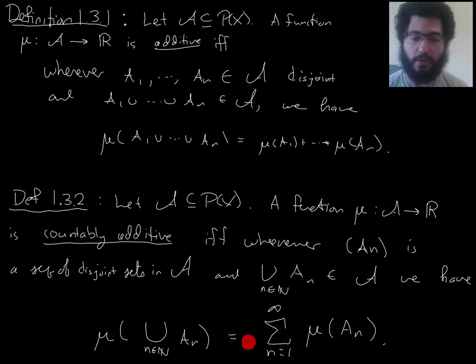And you would always be able to talk about the mu of the union because the union would always be one of your measurable sets. But if A is not known to be a sigma algebra, then you do not know that this will happen always. So the definition of being countably additive only has you check cases where the union of your family is in the class of special sets.